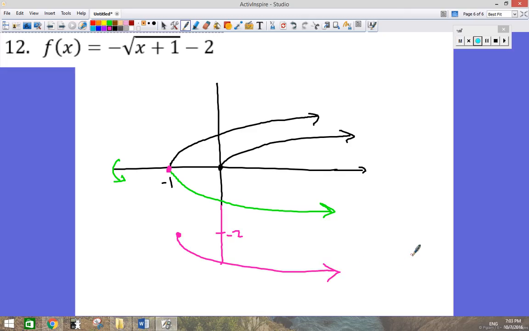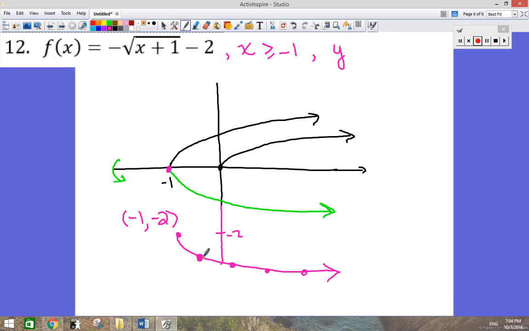Alright, so a couple things I want to get from this sketch. I want to recognize this endpoint here. The coordinates of it are negative 1 comma negative 2. I want to recognize that the domain, all of the x's, if I look at points on this graph, every point has an x coordinate that is bigger than or equal to negative 1. All of the y coordinates on this graph are below negative 2.